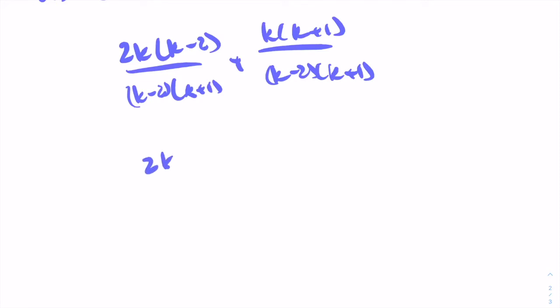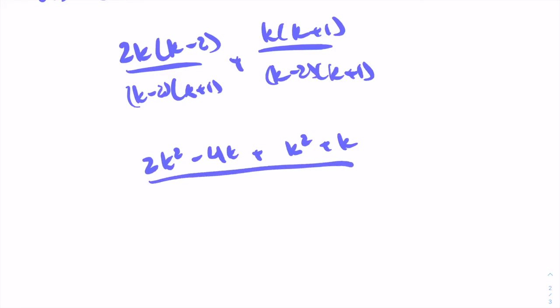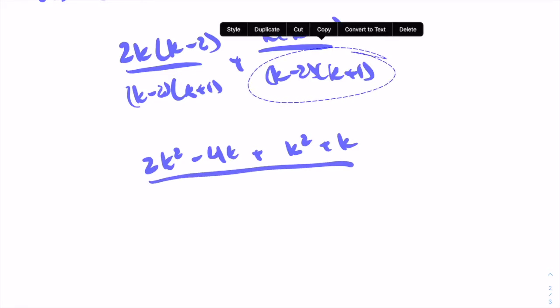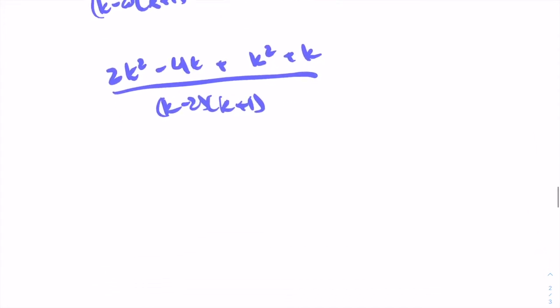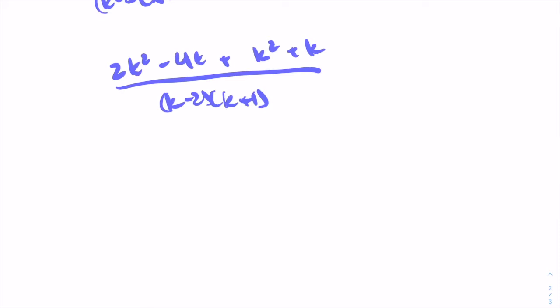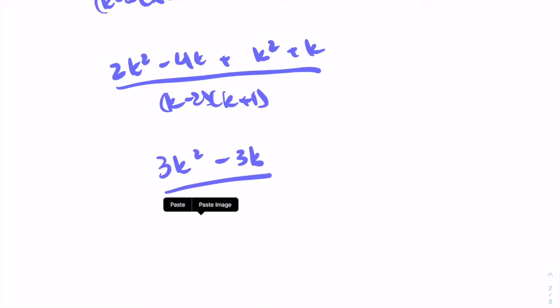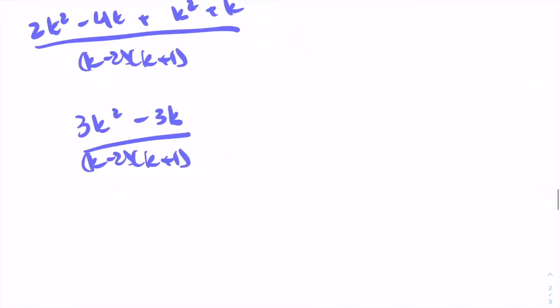So it looks like 2k squared minus 4k plus k squared plus k all over. I'm going to cheat a little bit. I'm just going to use copy and paste. Oops. And combine like terms. It looks like I have 3k squared minus 3k, right, over k minus 2, k plus 1, and I could take the GCF out of the top, right?